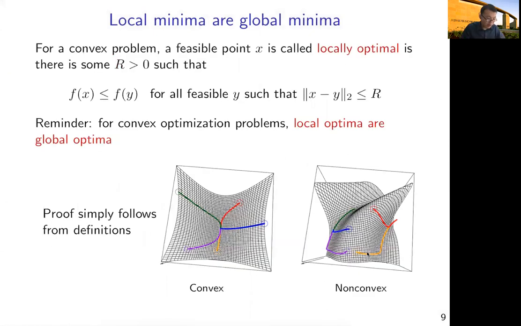Okay, so we've talked about this in the previous lecture, and actually we came up with a first principle proof. So this is a key property of a convex optimization problem. I wanted to repeat it because this is really the main computational benefit. So for any problem that you can formulate as a convex optimization problem, we know that all local minima are actually global.